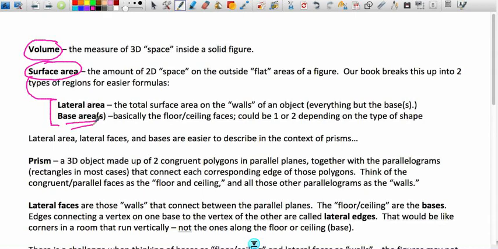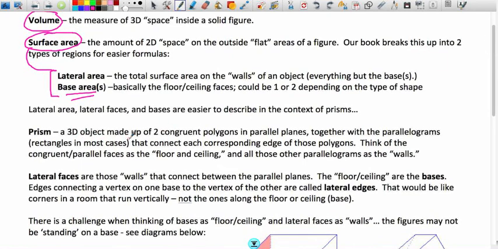And this is where we needed our introduction to areas, because by definition, a prism is a 3D object made up of two congruent polygons in parallel planes, and those are going to be our bases. Those polygons could be triangles, trapezoids, rhombuses, squares, or any one of the other figures that we've just had a quick intro on.